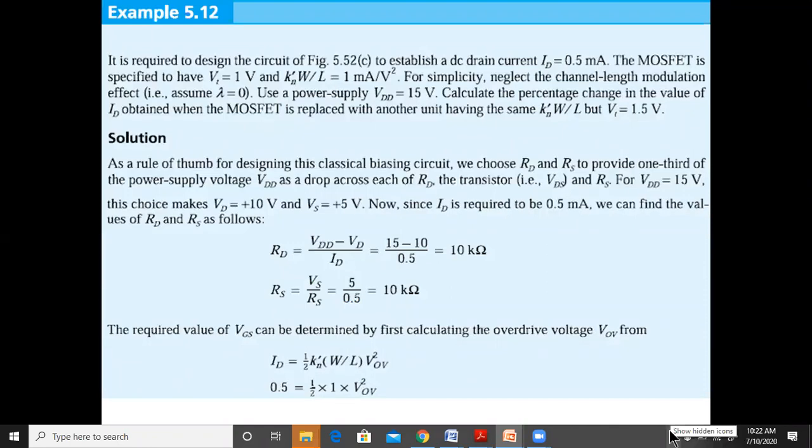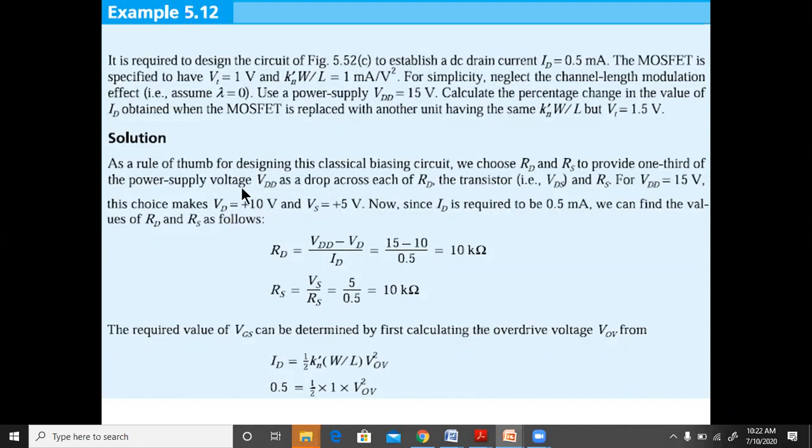That is what we are trying to find, that we have 15 volts. So 5 volts across RD, 5 volts across RS, and 5 volts VDS is what we will have. So we will have the value of VD equal to 10 volts now.